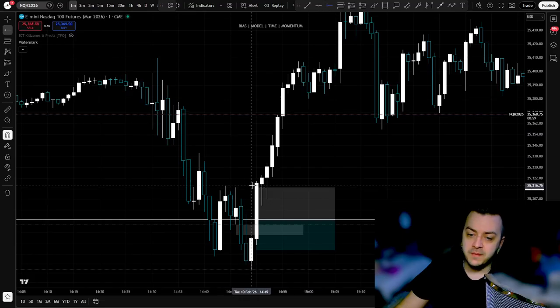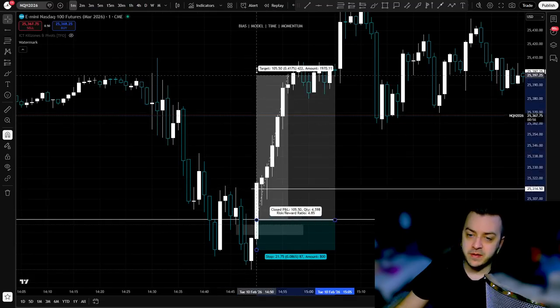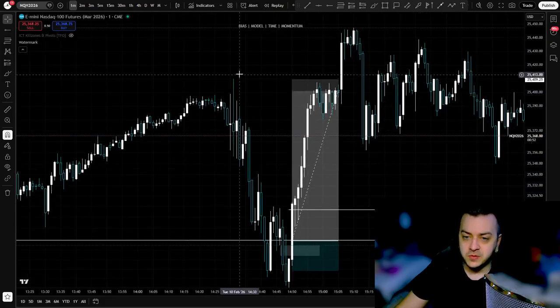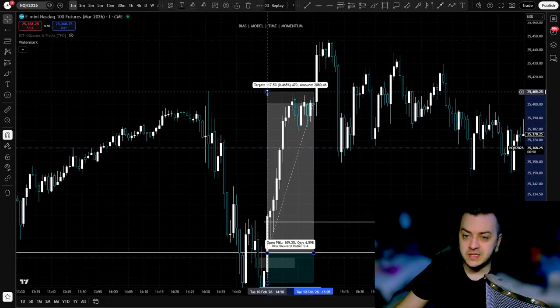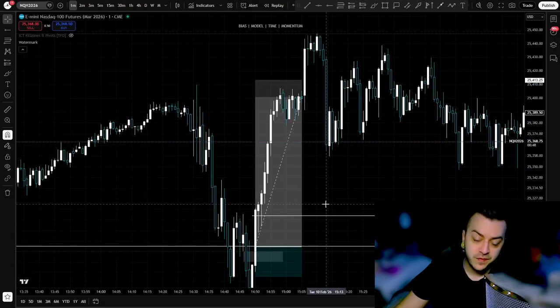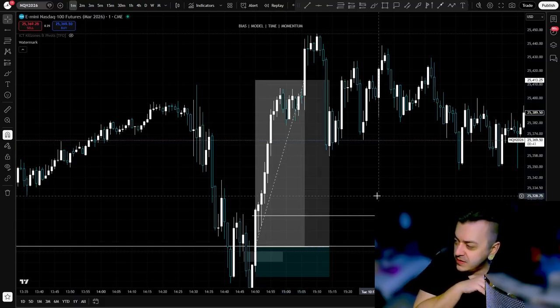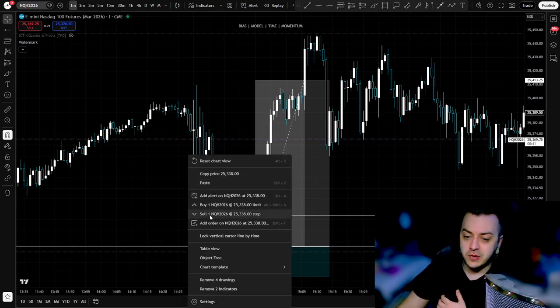Hit the 1-for-1 here, took half off, went break even, and then just held for the 9 AM high, which is a really obvious area to target. You can see that would have worked perfectly for 5-to-1. So I made about $500-ish on this trade after losing 200 on the first.